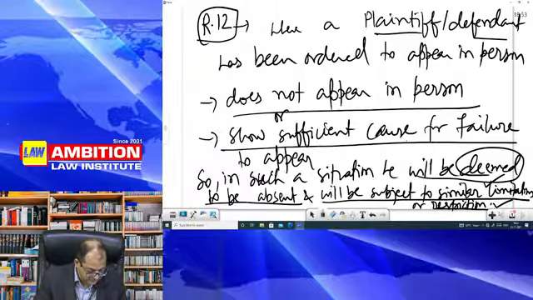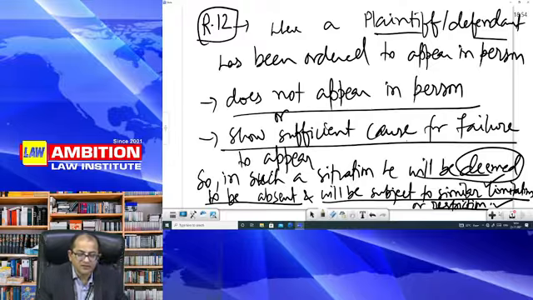Now see Rule 13, which is very, very important. It says, in any case in which a decree is passed ex parte against the defendant, he may apply to the court by which the decree was passed for an order to set it aside. And if he satisfies the court that the summons was not duly served, or that he was prevented by any sufficient cause from appearing when the suit was called on for hearing, the court shall make an order setting aside the decree as against him upon such terms as to cost, payment into the court or otherwise as it thinks fit, and shall appoint a day for proceeding with the suit.